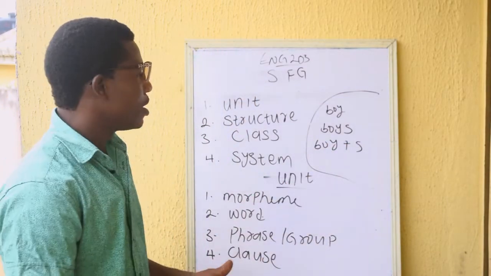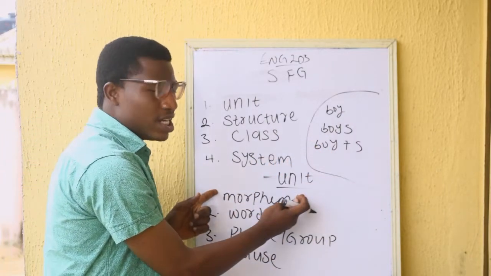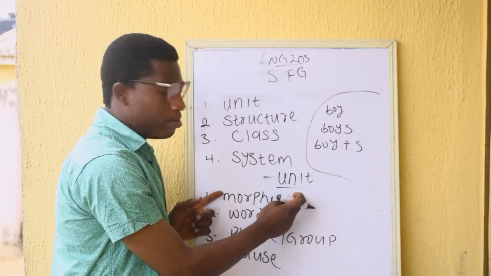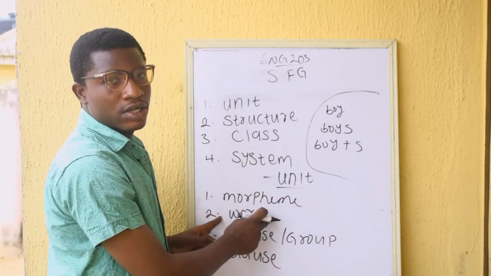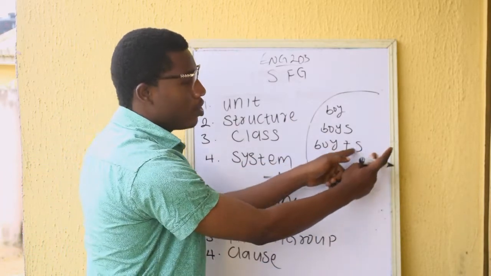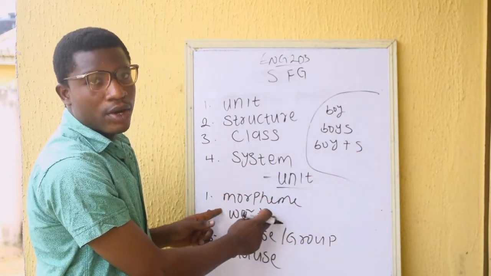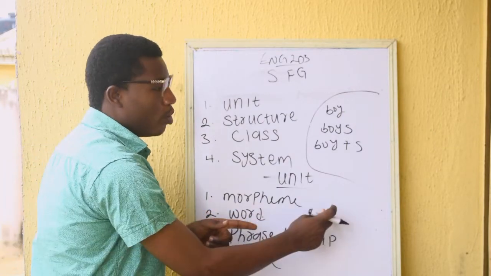I hope that's clear. So with this, you could know that one or more morphemes make up a word. Are you getting it? But you cannot have one or more words to make up a morpheme.